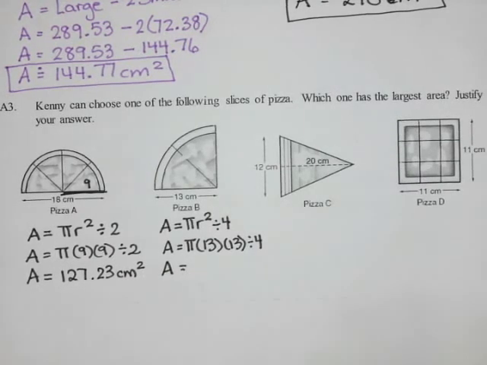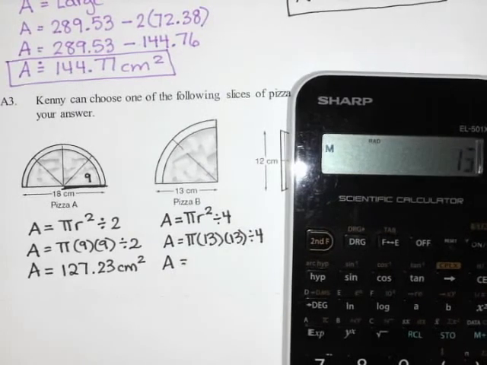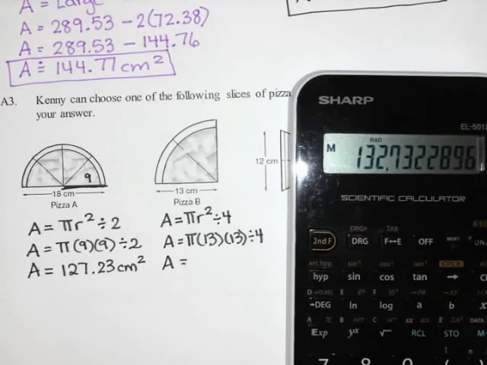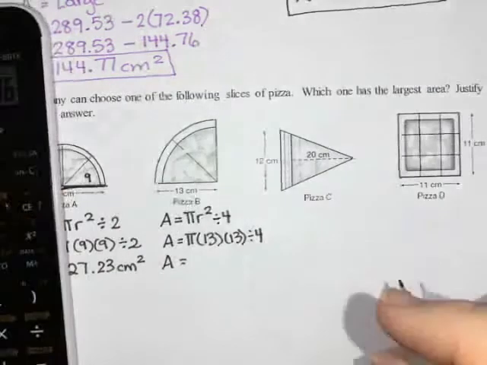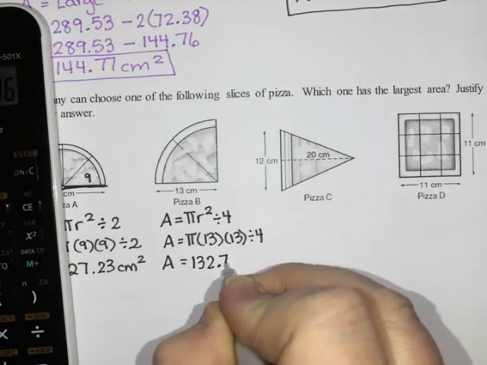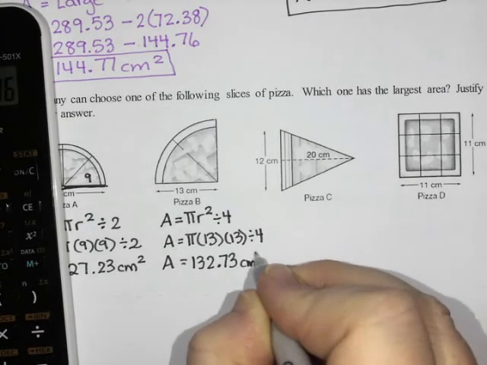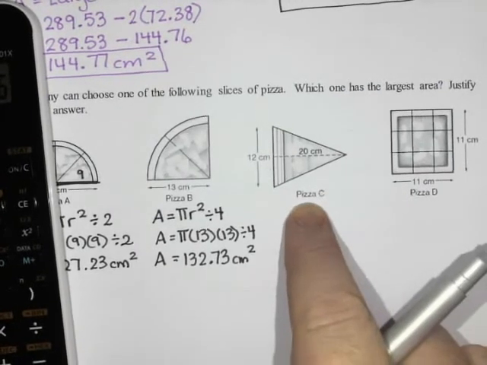So pi times 13 squared divided by 4 is 132.73 centimeters squared.